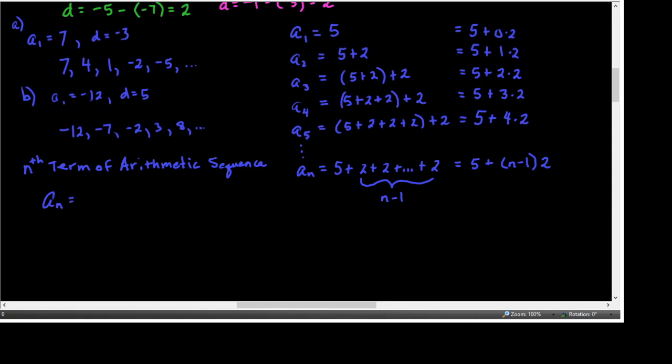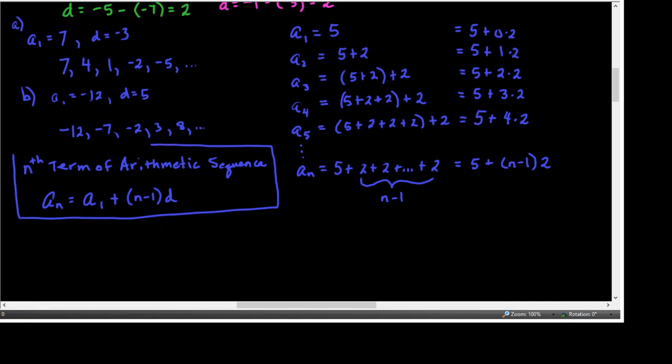Well, what was 5 in the original information? Well, it was the first term. So you'll always have the first term here plus n minus 1 times what? Where did the 2 come from? Right, that's our common difference. And so this is the formula for the nth term of an arithmetic sequence.